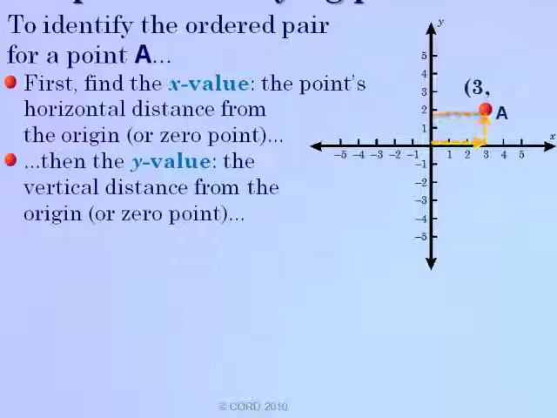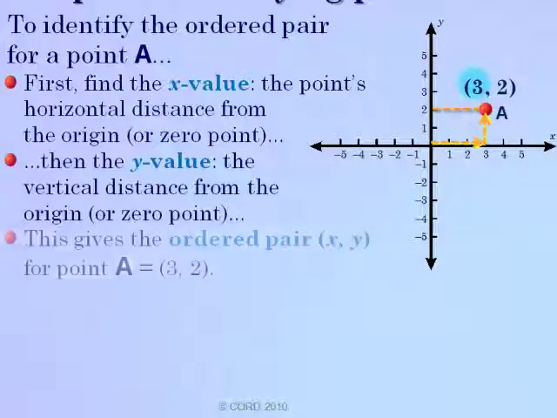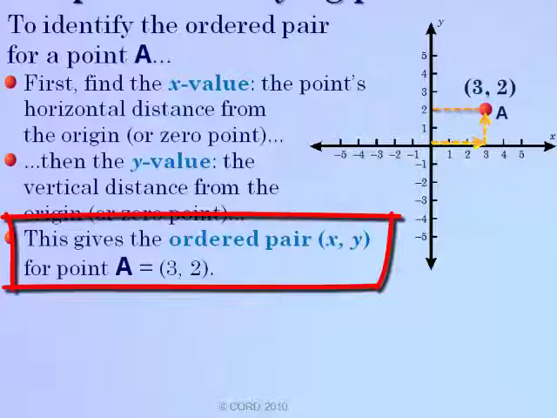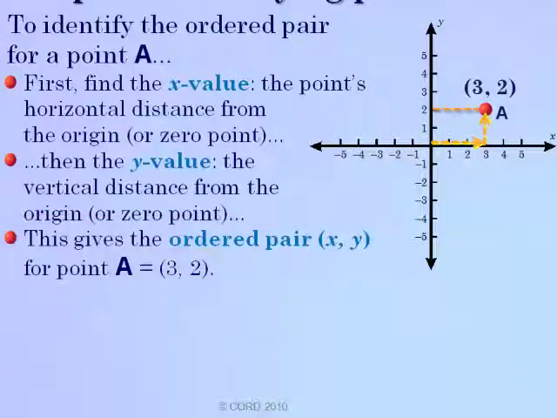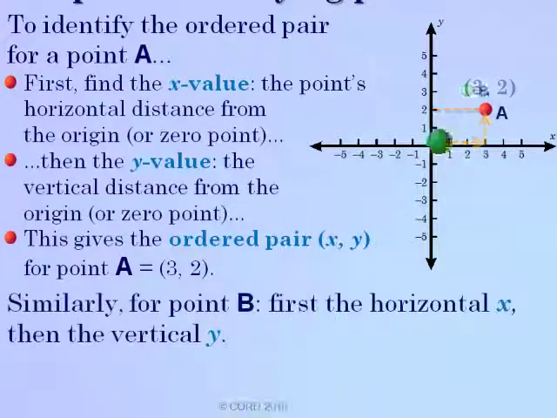Then the y value is how far up that point is, and you can see that we moved the point up 2 units, and so our ordered pair for this point is (3, 2). So we'll say that A is equal to (3, 2) as an ordered pair. Similarly, for point B, first find the horizontal distance, 2, then find the vertical distance, 3. And so the ordered pair for B is (2, 3).